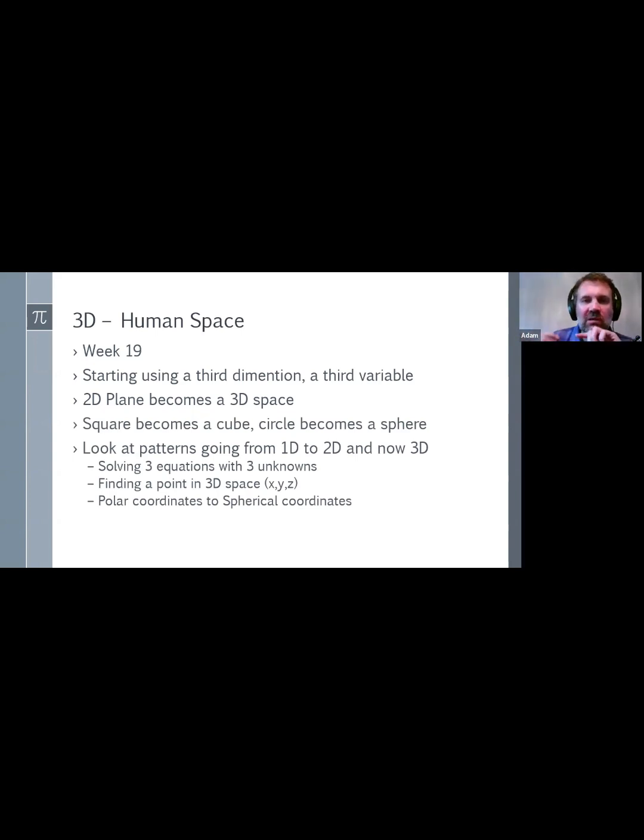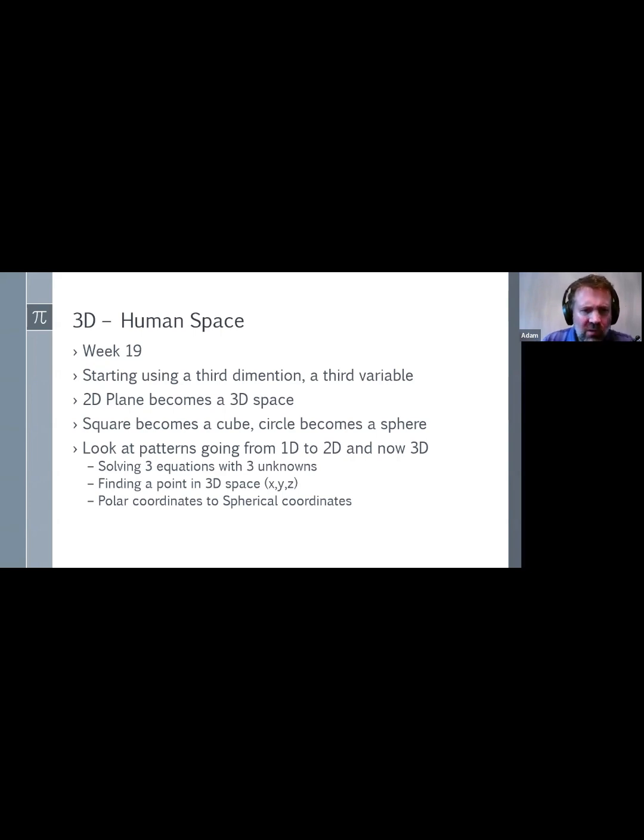Then when we do 2D, we learn how to solve two equations with two variables. And now we'll go to 3 equations with 3 variables. So the idea doesn't change. It's just we're adding another step, another variable. We can apply that down the line to 4, 5, 6, and so forth.